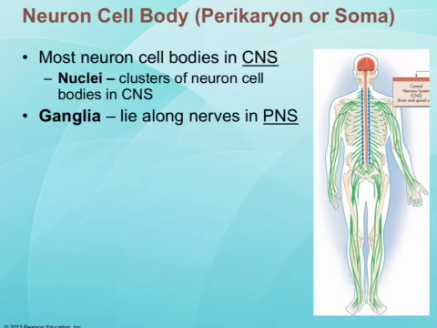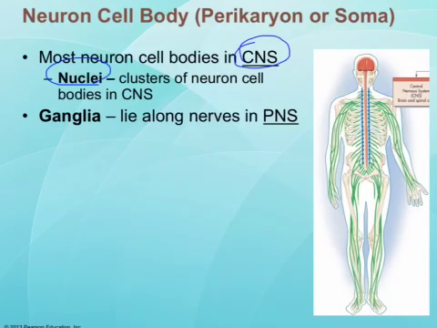Most of those neuron cell bodies are located in the CNS, the central nervous system, in the outside layer, the gray matter of the brain, and also the gray matter in the center of the spinal cord. In some parts of the brain, there is a cluster of neurons, and we call this cluster of neuron cell bodies a nucleus, or nuclei.